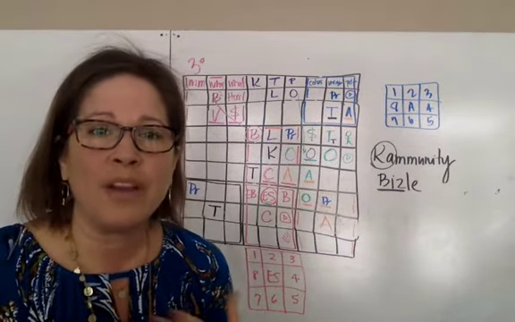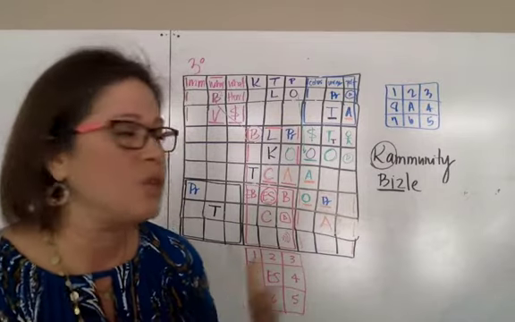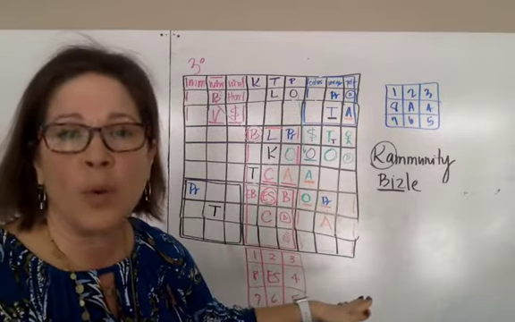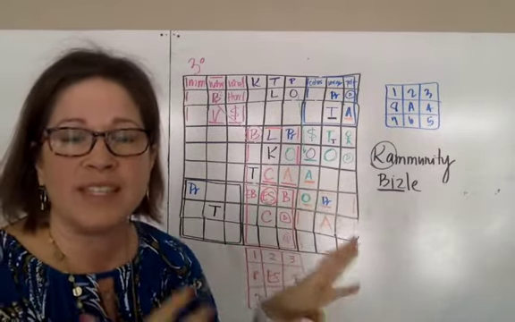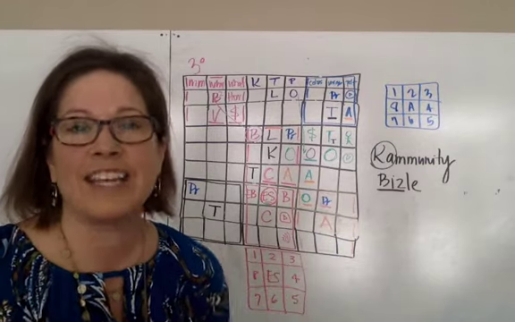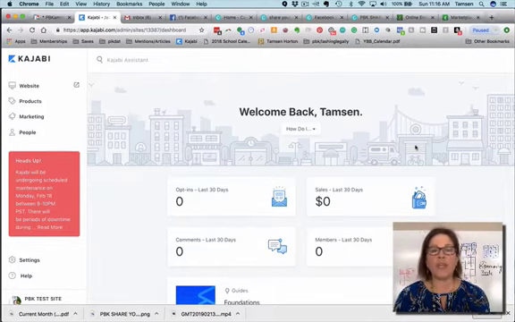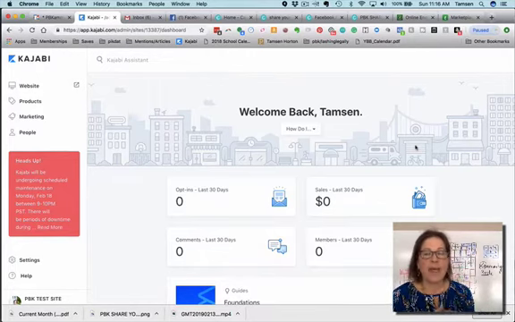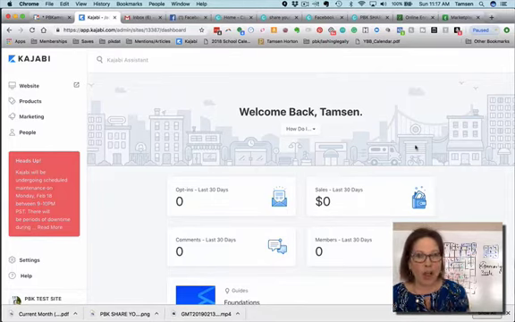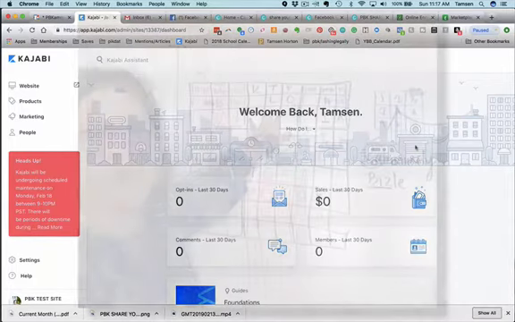So now we're going to go into Kajabi and show you how you would put this together. All right, so here we are on my test site, and we're going to go through like we normally would. The steps I am not going to go into detail on are the legal pieces.